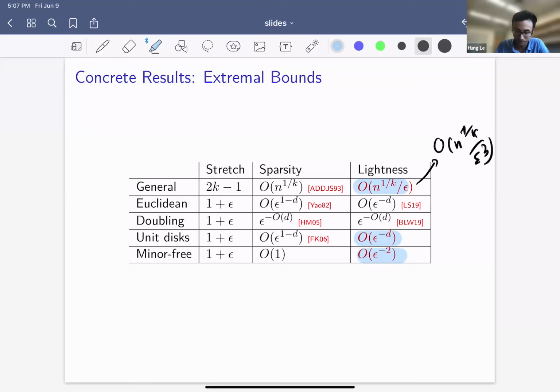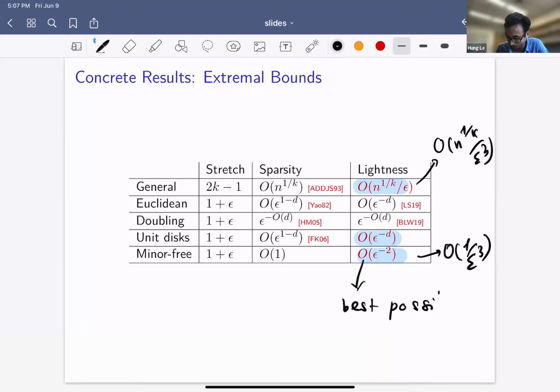And for minor free graphs, we get a lightness of order epsilon to the minus 2. Previously it was 1 over epsilon cubed. So we save a 1 over epsilon factor. It's also the best possible. By that we mean we construct a class of minor free graphs where the lightness is omega of 1 over epsilon squared.